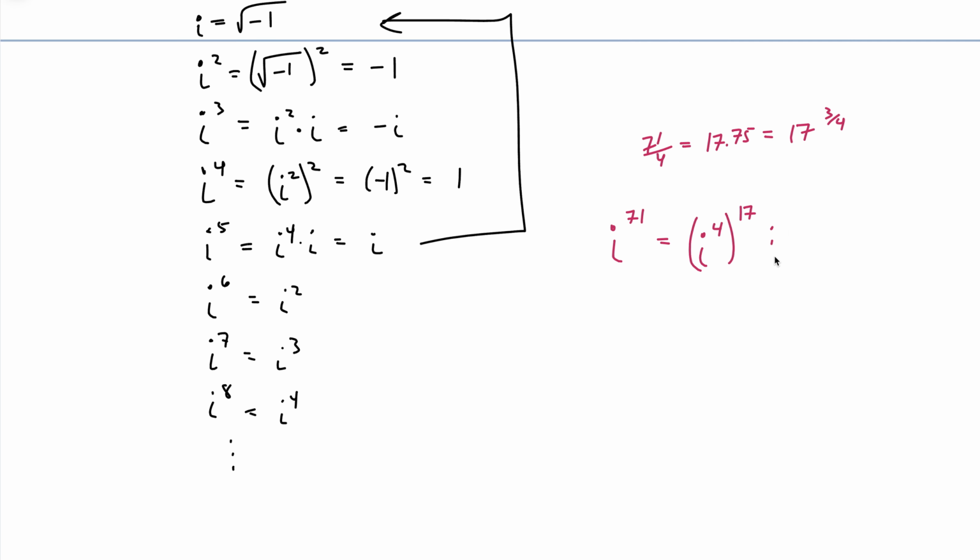So I was able to take out 17 of them, and there were 3 out of the 4 left over, so there would be an i cubed here. i to the 4 is just 1, 1 to the 17 would just be 1, times i cubed. So we can convert something with a really high exponent into something with a very small exponent that we know how to do. And i cubed, remember, was just equal to negative i. This is how we break something with a really big power down to something with a smaller power.